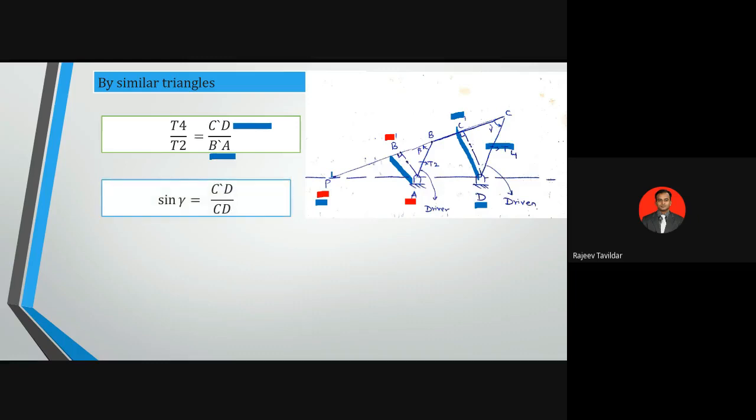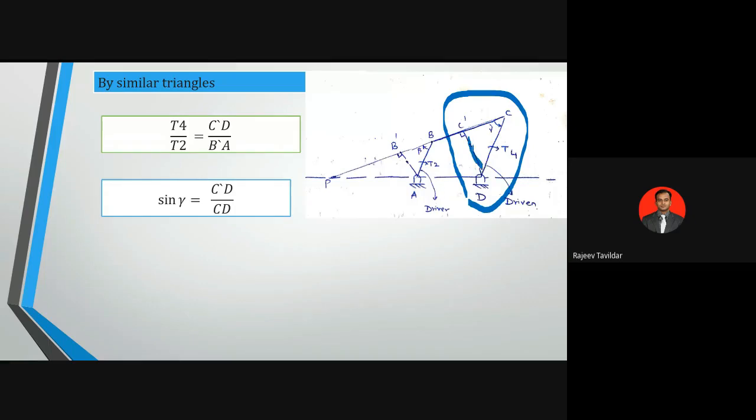With this, we'll now understand what this sine gamma is over here. If I use this particular triangle, I'll just highlight this triangle over here. Sine gamma will be opposite, that is C dash D, upon hypotenuse. The hypotenuse is CD because this particular line is perpendicular, so this is a 90-degree angle.